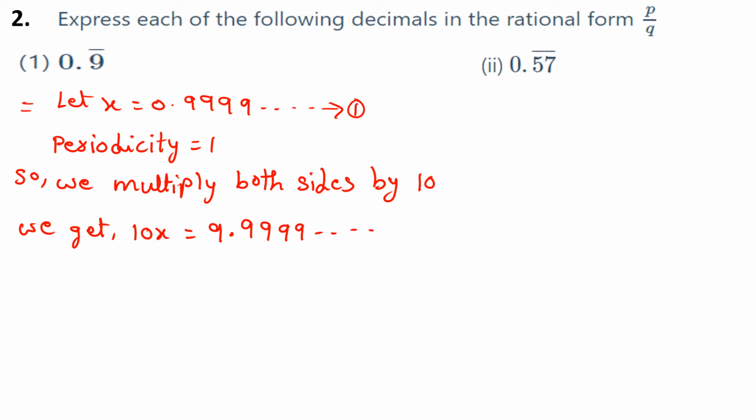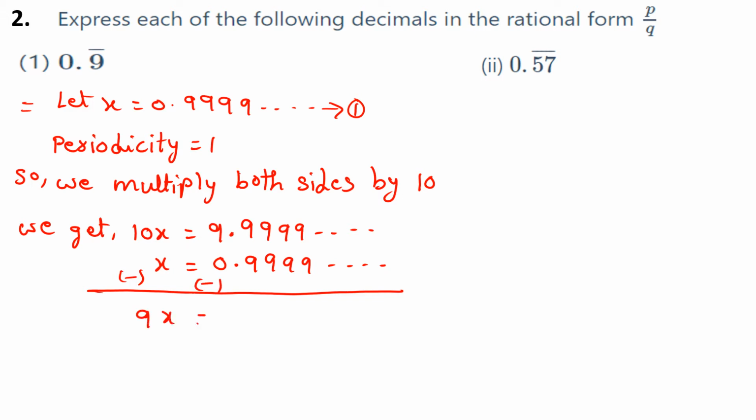Now we subtract x, which is 0.9999 and so on, from 10x equals 9.9999. After subtracting, we get 10x minus x, that is 9x equals 9.